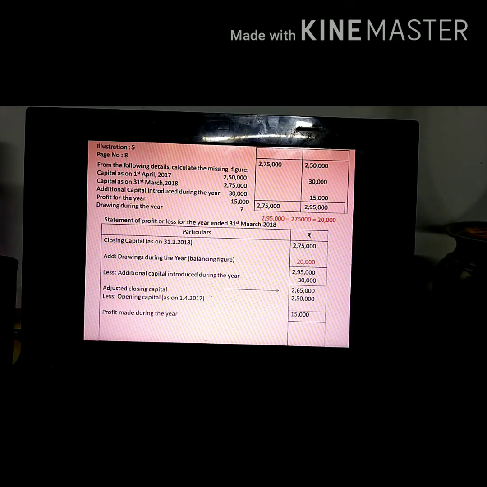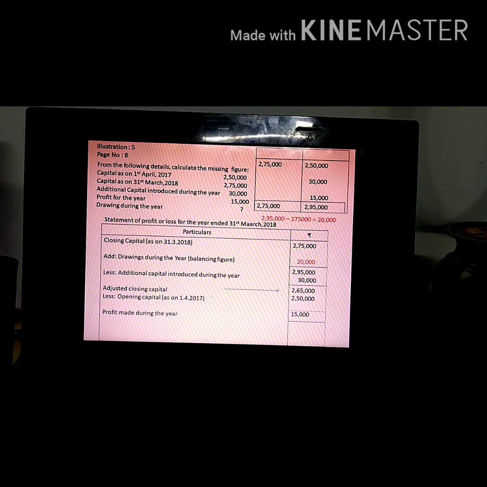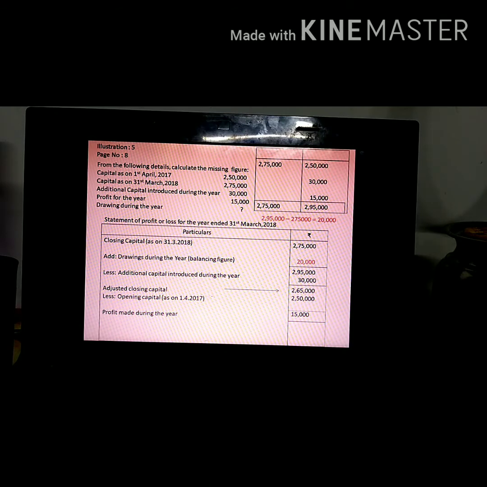Your homework is to work out problem numbers 2, 3, 4 and 5. These four problems are homework. I am telling you again: page number 32, problem numbers 2, 3, 4, 5 as homework.